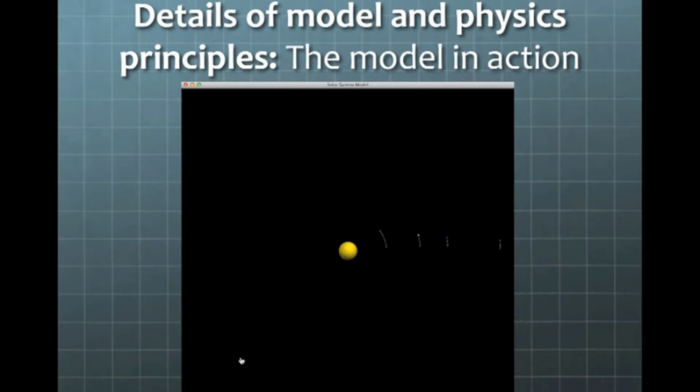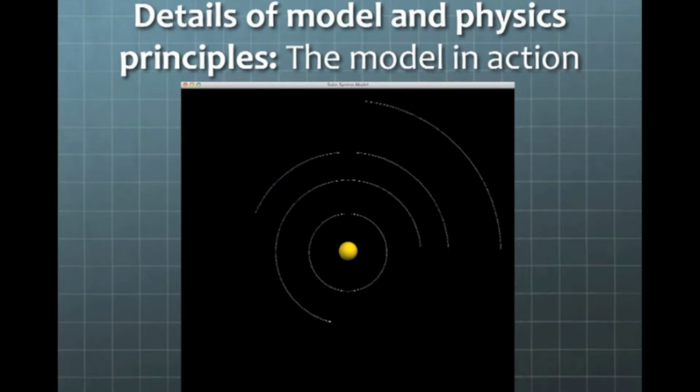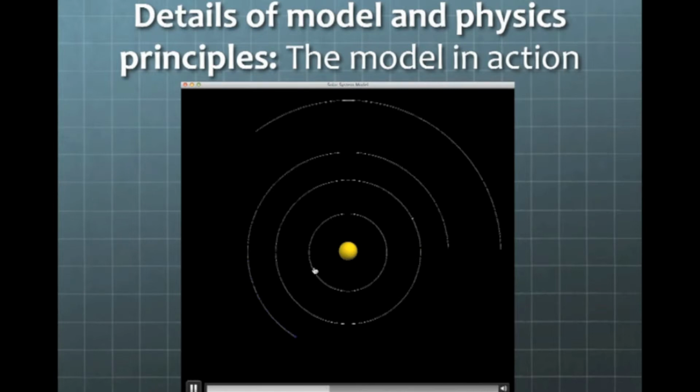So let's look at the model in action. There they are, the 4 inner planets. Got Mars out here, Earth, Venus, Mercury.